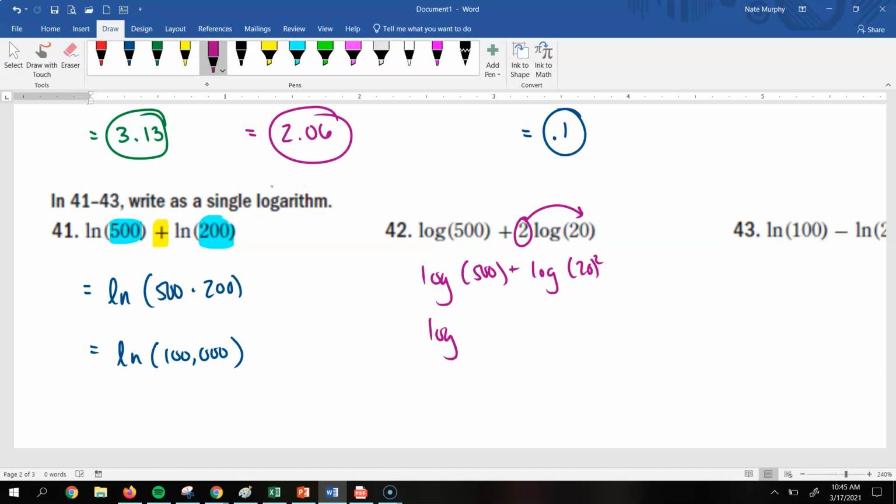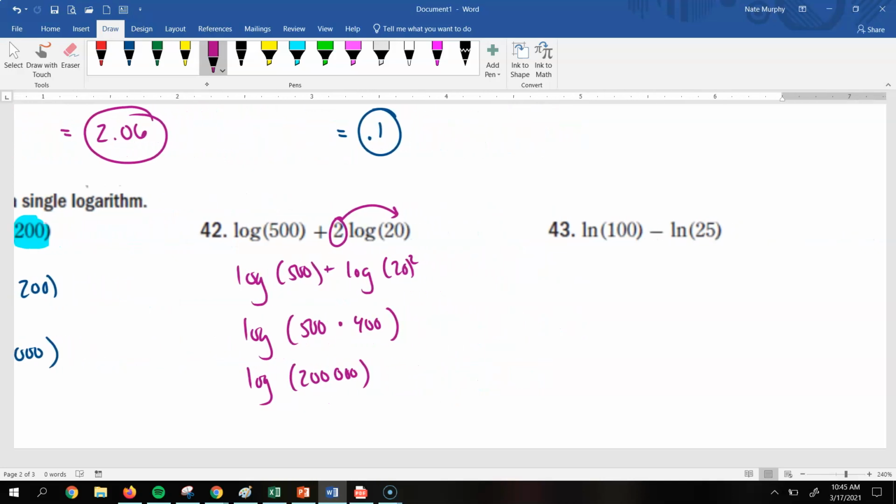So we would square the 20, which would be 400. And then we would multiply those two values together because we're adding. And when you multiply 500 times 400, you get 200,000. So we would have the log of 200,000. Again, you didn't have to simplify this. It didn't say simplify. It just says write it as a single logarithm. So that's all you'd have to do.